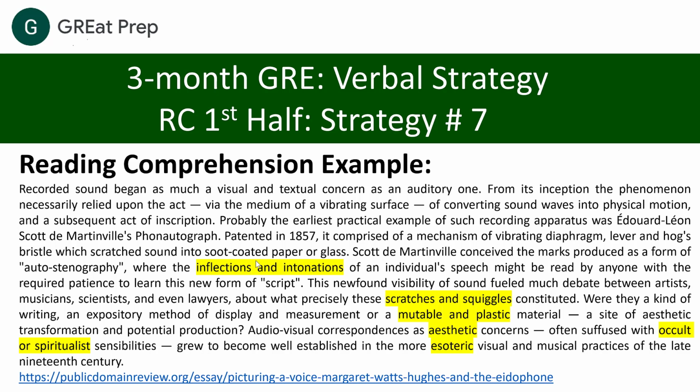Inflections and intonations mean similar things. Scratches and squiggles are also the same thing. Mutable and plastic are synonyms. Plastic is an authentic GRE word. Aesthetic, occult, esoteric are all GRE words.